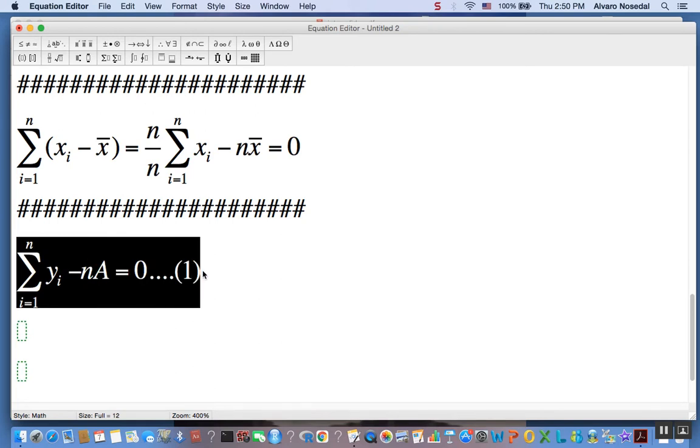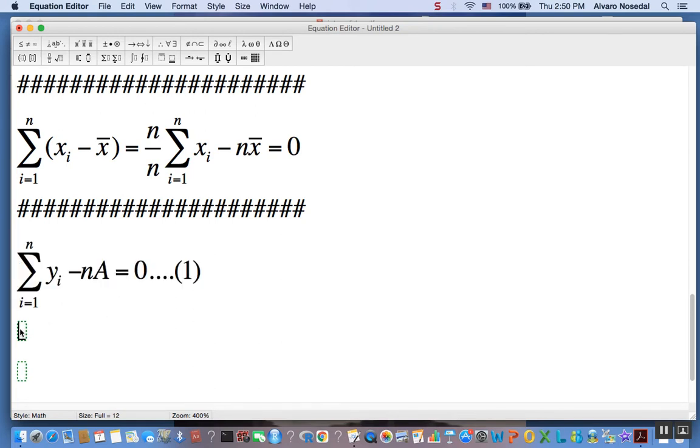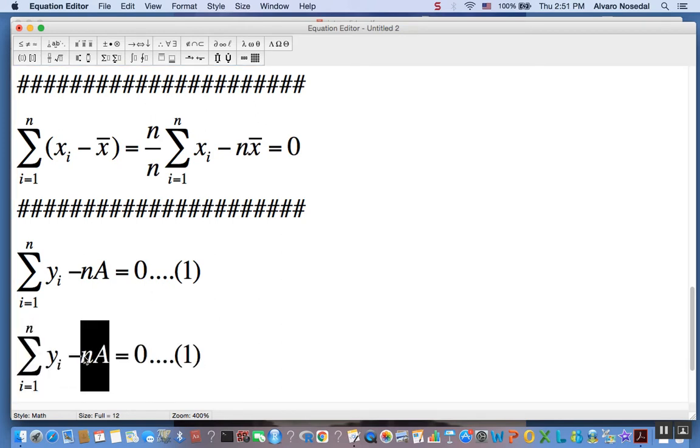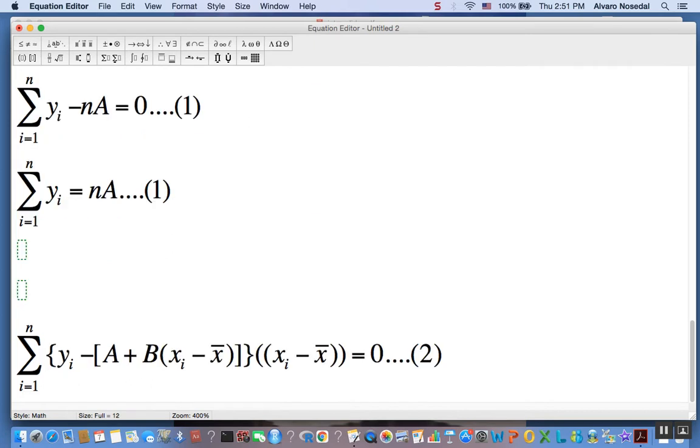And then you divide on both sides by n, and then you end up with just y bar. Make sense? So a is just y bar.